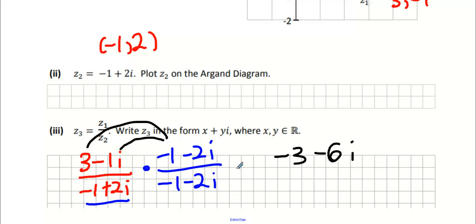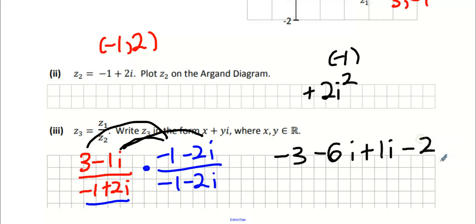Minus 1i times minus 1, plus 1i, and then minus 1i by minus 2i, 2i squared, plus 2i squared. And i squared changes to minus 1. 2 times minus 1, minus 2.